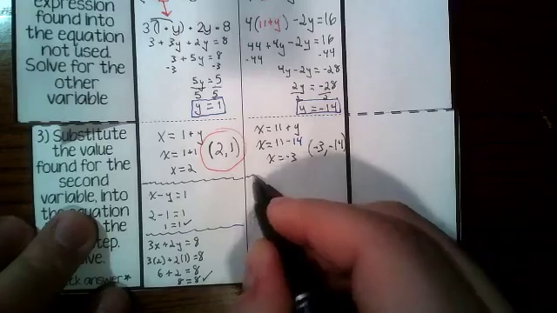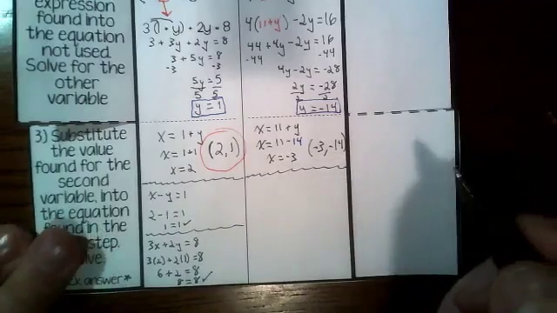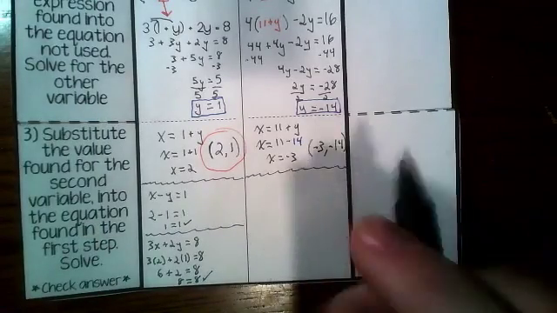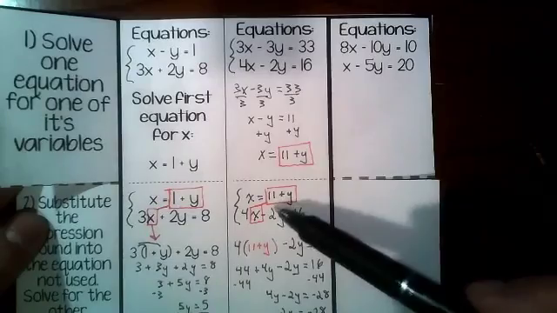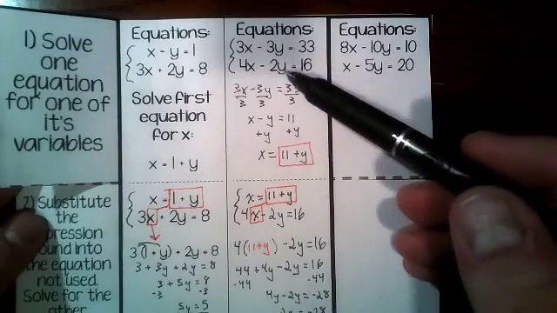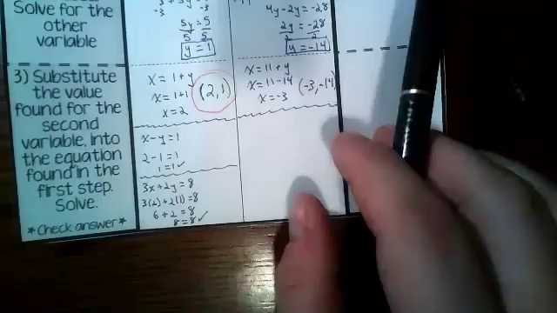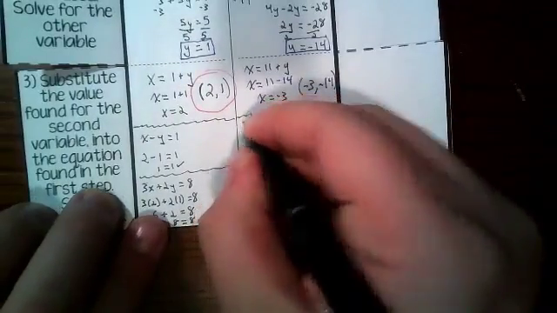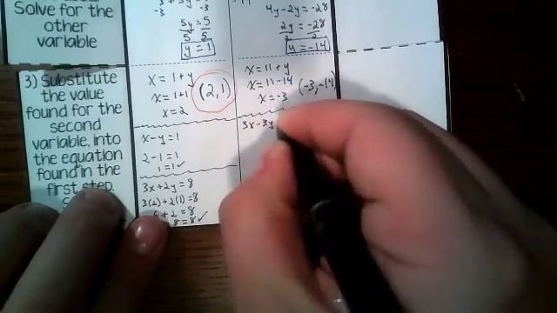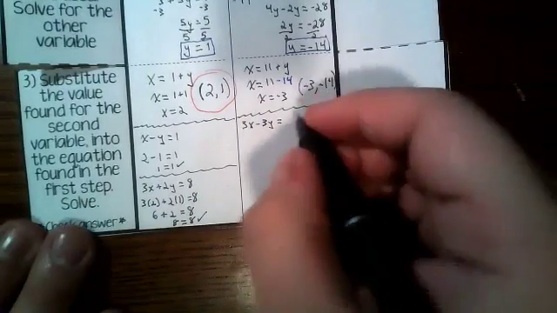But of course we want to check and make sure that's right. And whenever we check, we use our starting system of equations because we don't know if we made a mistake here. So I don't want to check from this point. I want to check from this point. My first equation is 3x minus 3y equals 33.